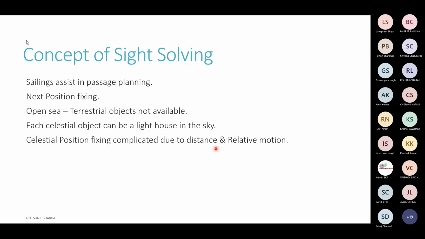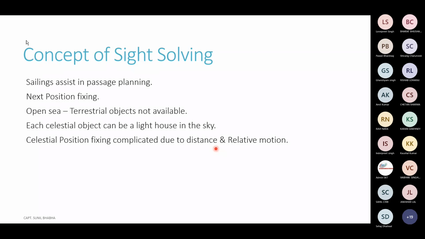The distances involved are very huge as compared to the distances involved with terrestrial objects. Terrestrial objects, the lighthouses on the ground, were within our visibility range, 10, 20, 30, 40, 50 miles at the most. But these celestial objects are from thousands of miles to light years away from us. So because of this huge distance, obtaining position lines becomes a little tricky.